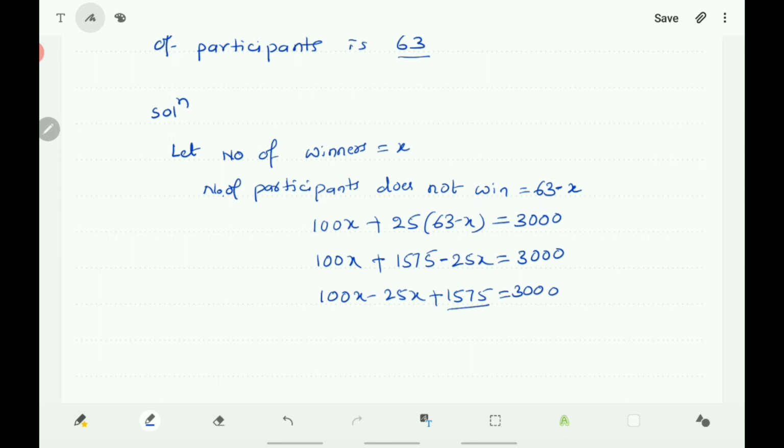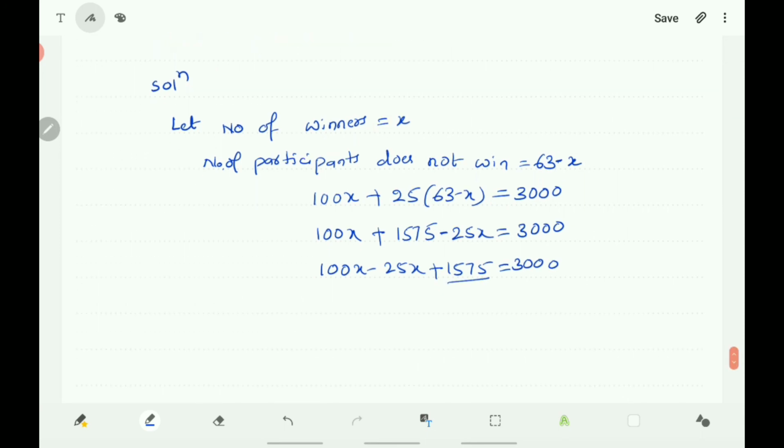Here we first transfer this 1575 to the RHS, and 100 minus 25 is 75x equals 3000 minus 1575. That is 1425. So 75x equals 1425.